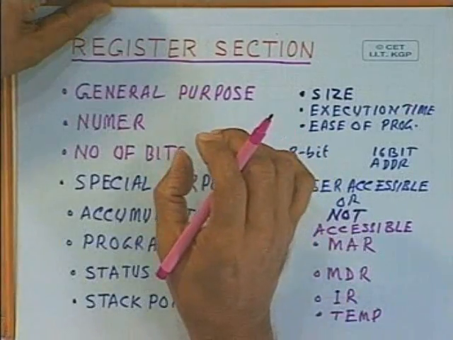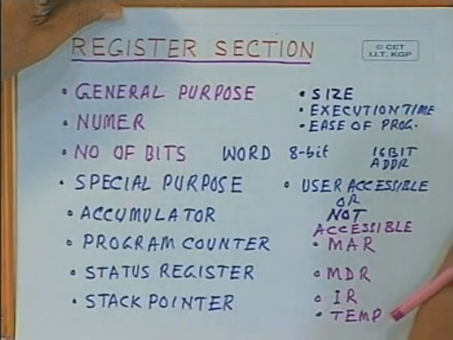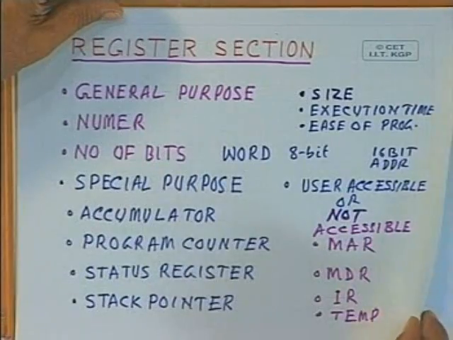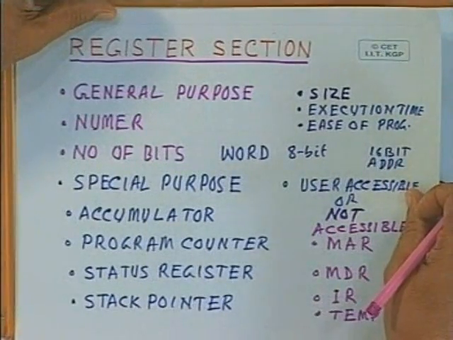An instruction register is used to temporarily hold the instruction before it is decoded and executed by the microprocessor. And temporary registers are used to hold some intermediate result which is applied to the ALU or other functions. So this is the overview of the different types of registers present in microprocessors.